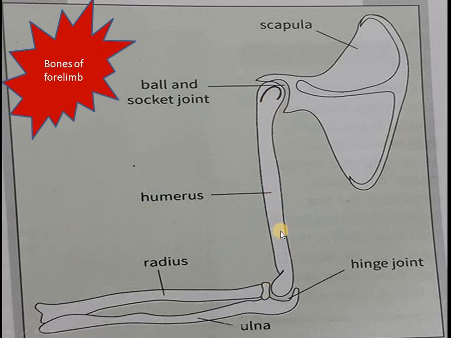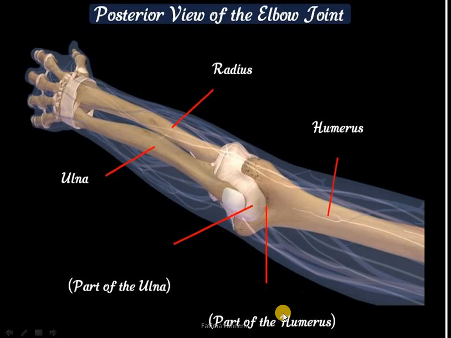Now, you see that the humerus makes another joint, which is called a hinge joint, with a bone called the ulna. The ulna also has the radius above it, but the hinge joint is made between the humerus and ulna. This is the posterior view of your elbow joint, the same diagram that I showed you in the previous slide but from a different angle.